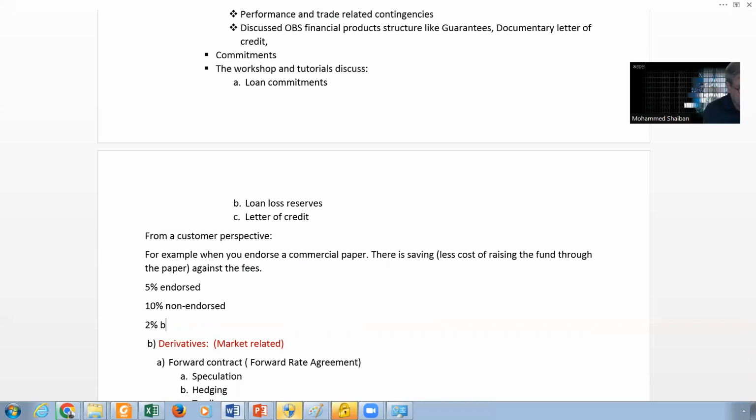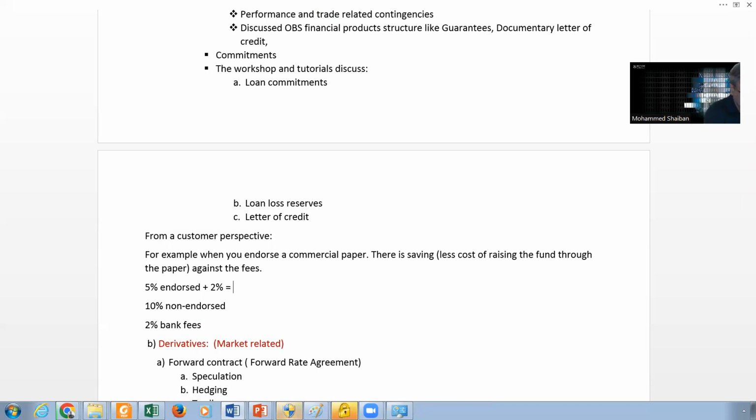If you have the option, you will endorse it, because issuing that paper will cost you 5%, which is your cost, plus the 2% fees. So this is 7%.